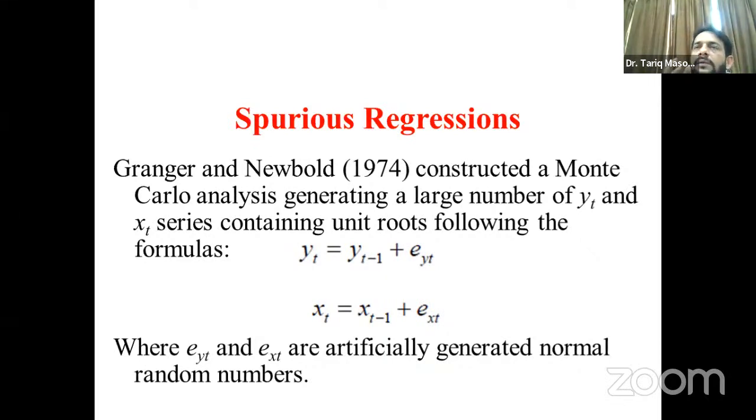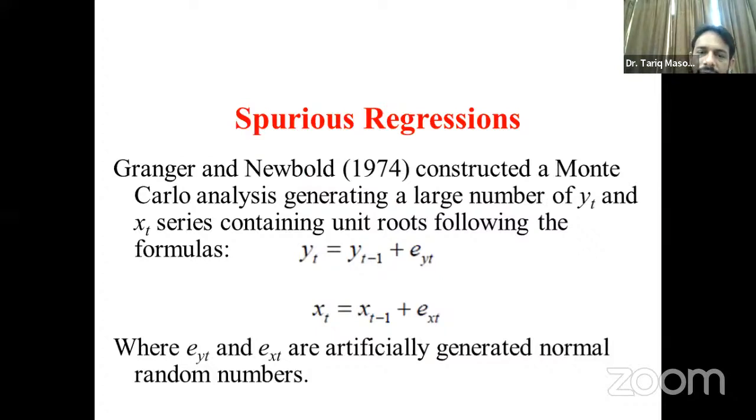The benefit of this Monte Carlo analysis is that now we have data of yt and xt, properties of which are already known. We know the properties, we have created them. So we know the underlying properties, and in this case, we know that there is a unit root in both the cases.